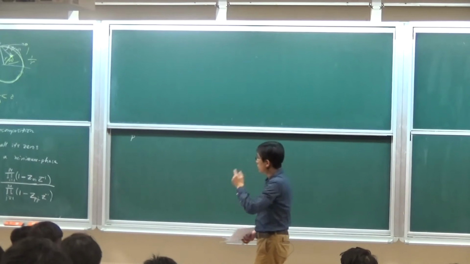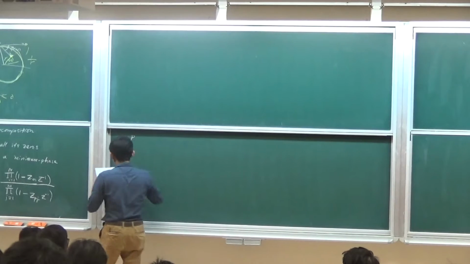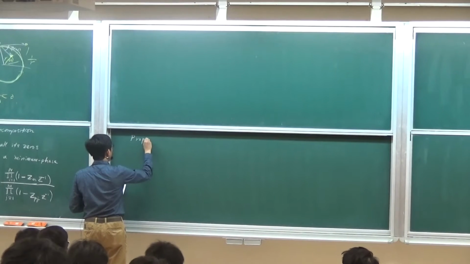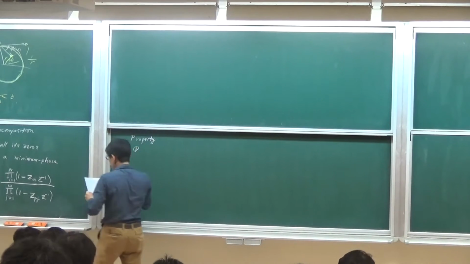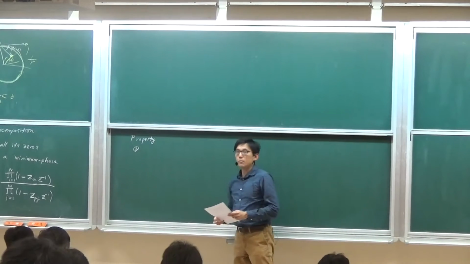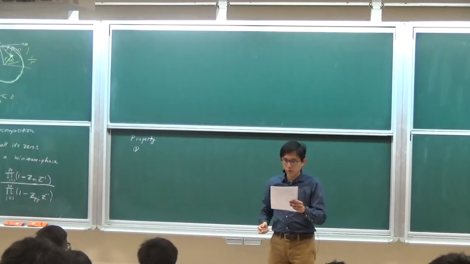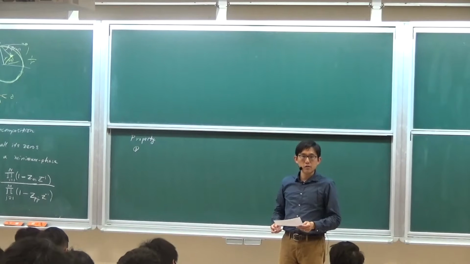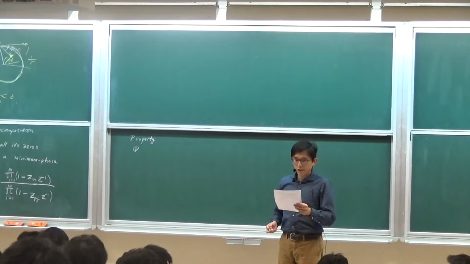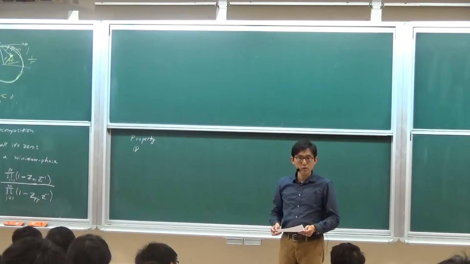If that's doable, then we have a nice property: for a minimum phase system, we can construct a causal and stable inverse. The system can be inverted in a causal and stable manner.